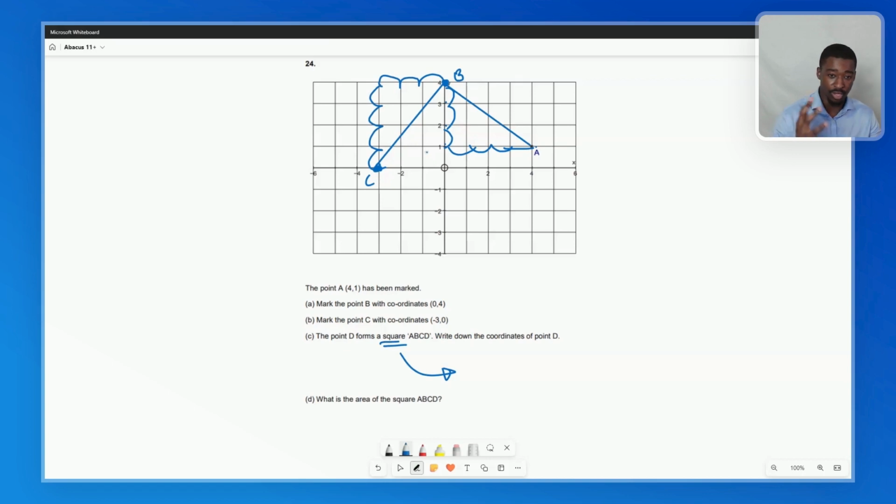So it's 3, 4, 3, 4. We can use that to try and find out roughly where this next point should be, because it should be 1, 2, 3, 4 across, 1, 2, 3 down. It should be right here.